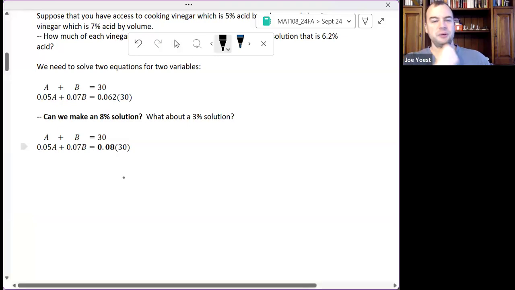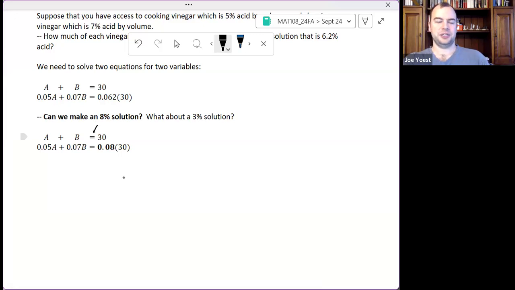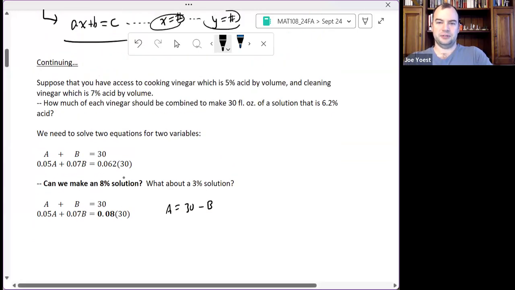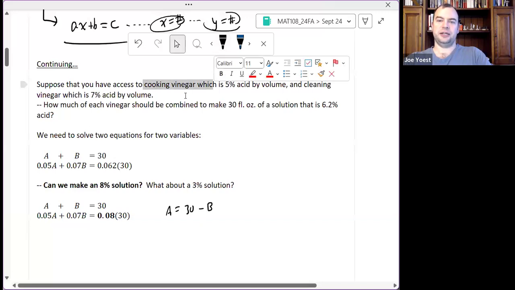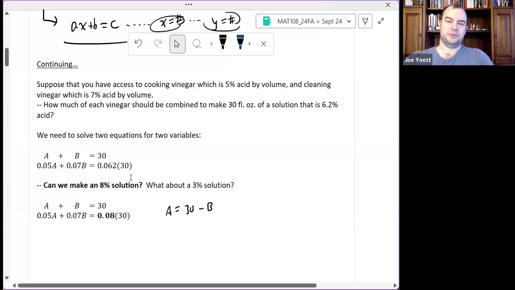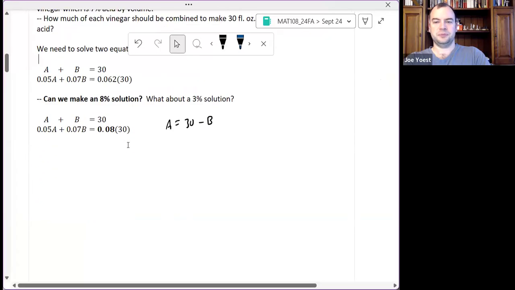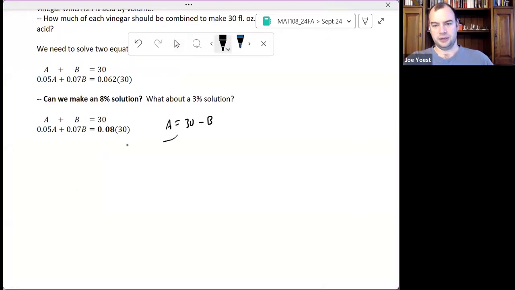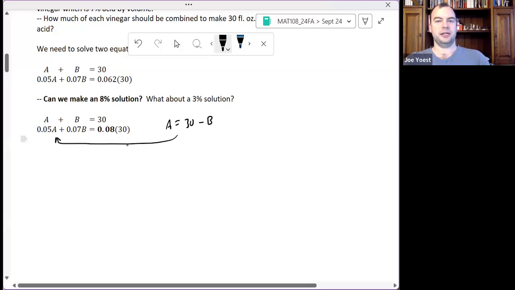Okay, so what can I do? Maybe I'll do substitution here, mainly because I look at this first equation and I see that it's going to be easy to solve for one of the variables in terms of the other. So let's say that A is 30 minus B. Whatever amount of cooking vinegar I use is going to have to be 30 minus the amount of cleaning vinegar so that the two combined make a total of 30 fluid ounces. So A is 30 minus B, and I plug that in for A over here.